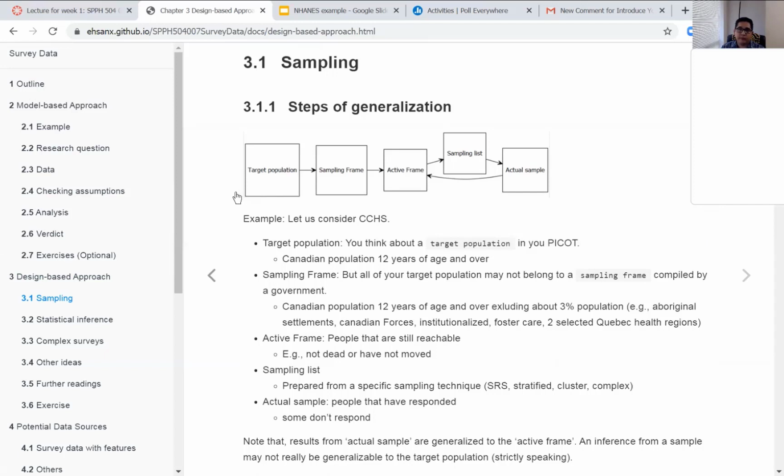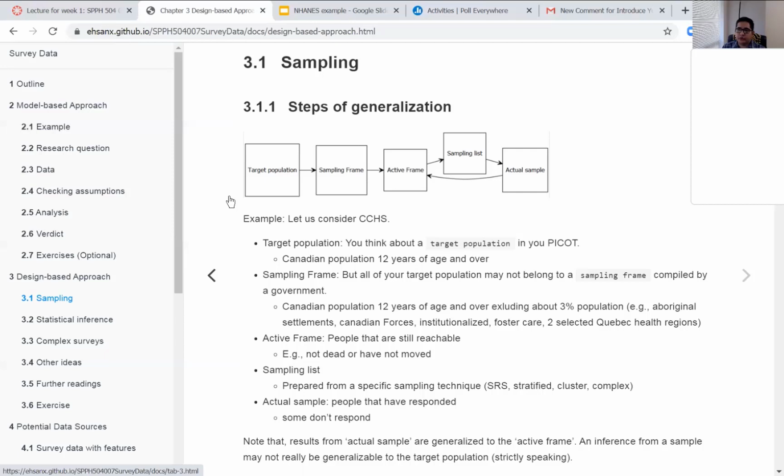So if the government wants to know about their population, then what they do is they try to sample from that population. But as you know, simple random sampling is a sampling design that is quite easy to design, but it is very hard to implement if you have a very large population. Say, for example, if you have this Canadian population, and you are trying to do a simple random sampling, logistically, that will be very hard.